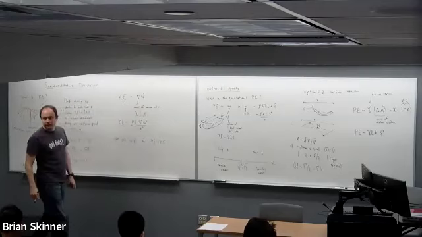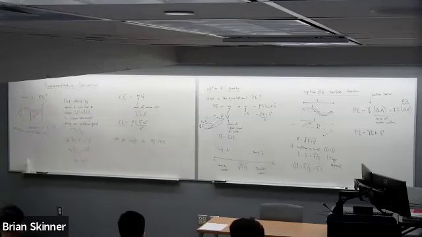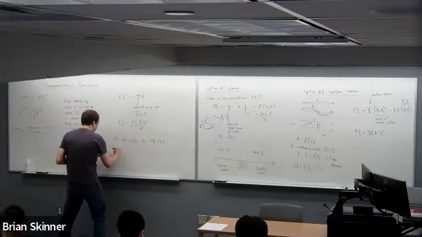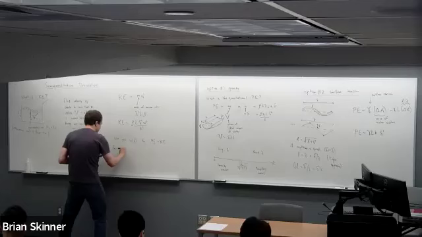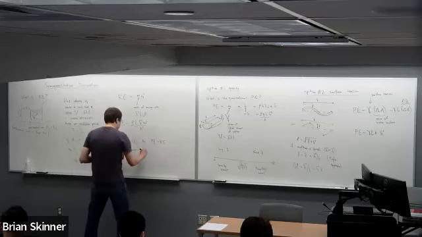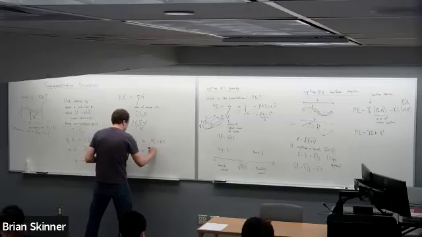Now let me just do the algebra for you. For gravity waves, let me just solve that thing for you. What you're going to get is omega is something like square root of gk.